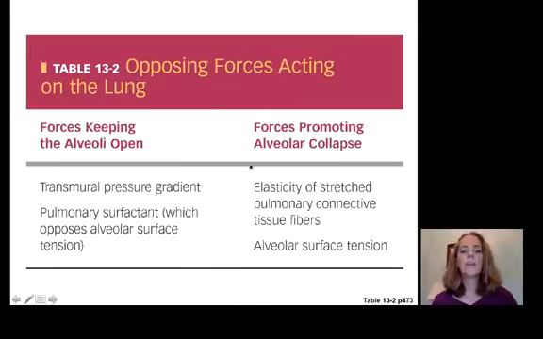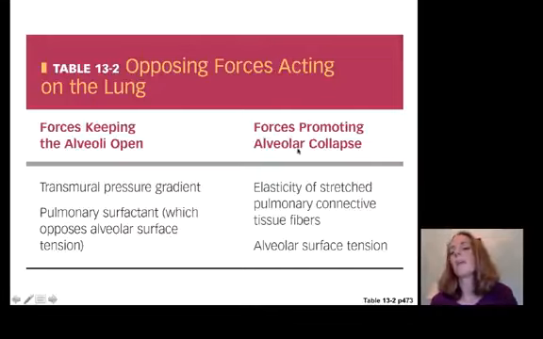This is a summary diagram of the forces on the alveoli. There are forces that keep the air sacs, the alveoli, open. The transmural pressure gradient makes sure that the lungs are stuck to the chest cavity. That opens up the air sacs. And pulmonary surfactant is also keeping the air sacs open and not too tightly recoiled.